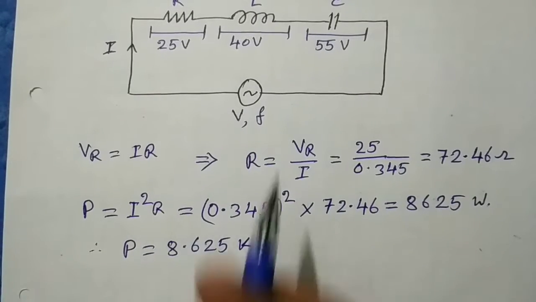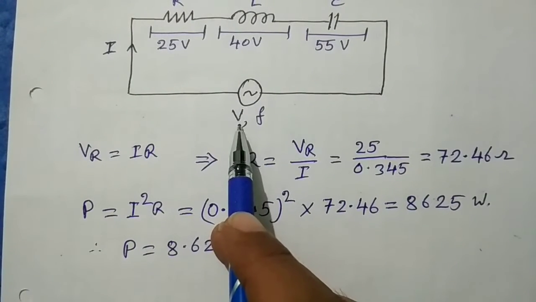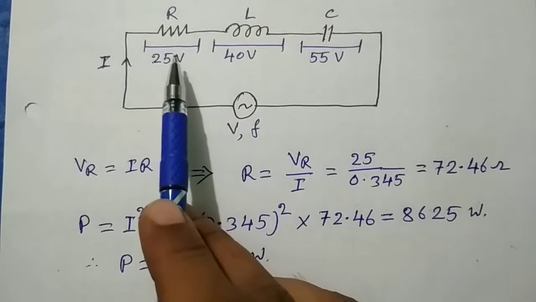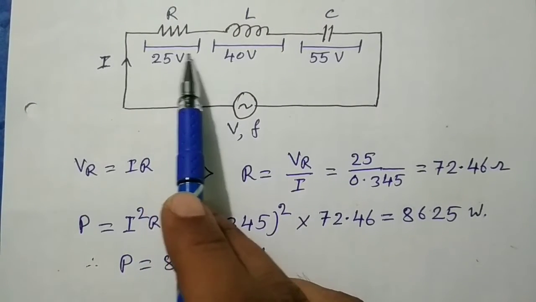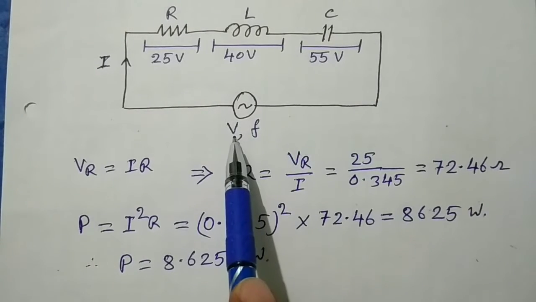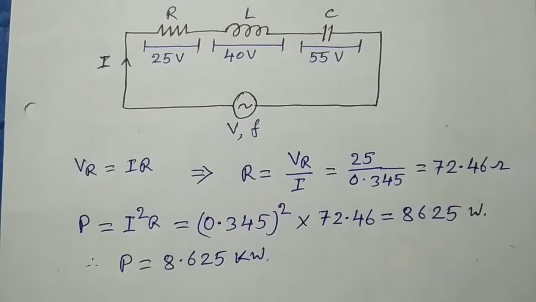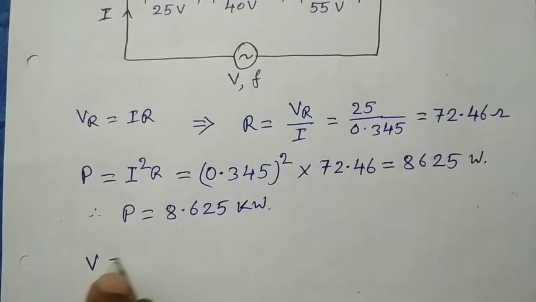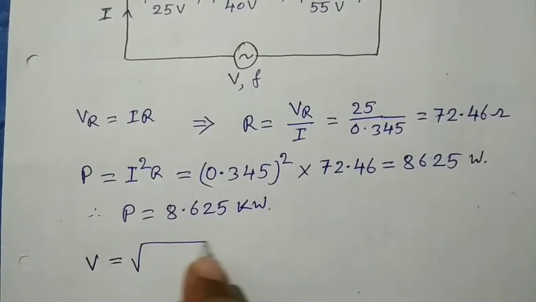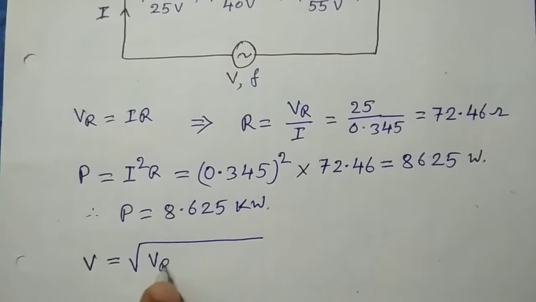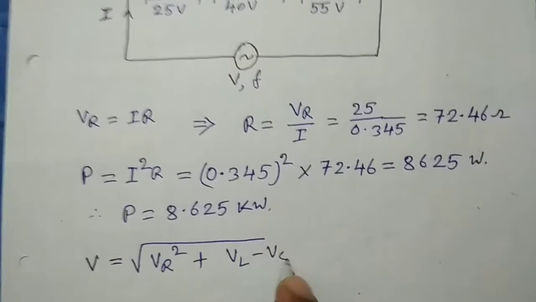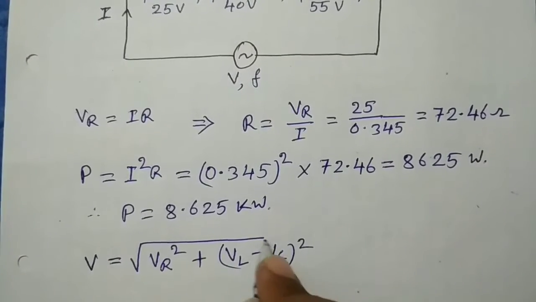Next is the voltage. We have to find the supply voltage also V, and from this circuit we know that the sum of all the voltage drops should be equal to the supply voltage as per the KVL. And for an RLC series circuit, we know that V is equal to square root of VR square plus (VL minus VC) whole square.